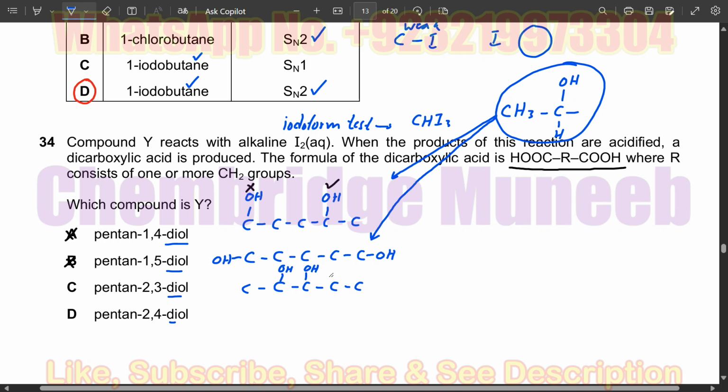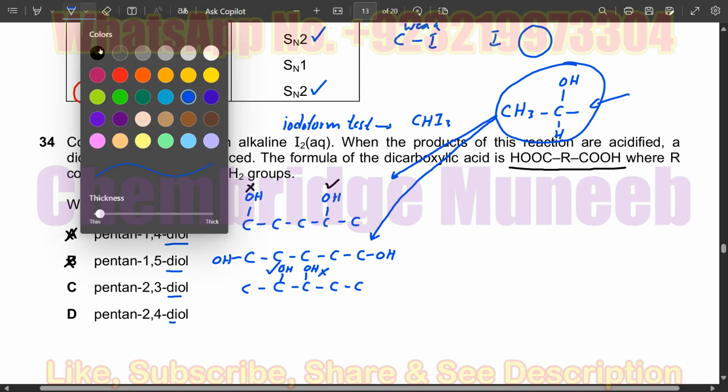Basically we should have a carbon chain after this carbon over here, but it is again an alcohol over here, which means it is not possible to give a product containing two carboxylic acids on the two ends. This might give the carboxylic acid, but this will not be able to give the carboxylic acid. So that's why option C is incorrect.